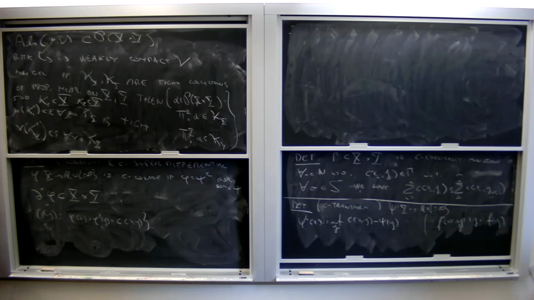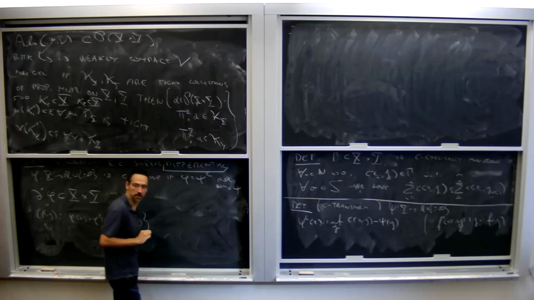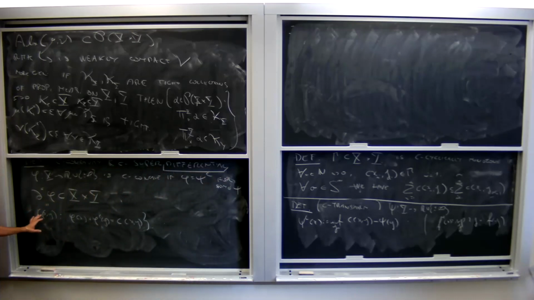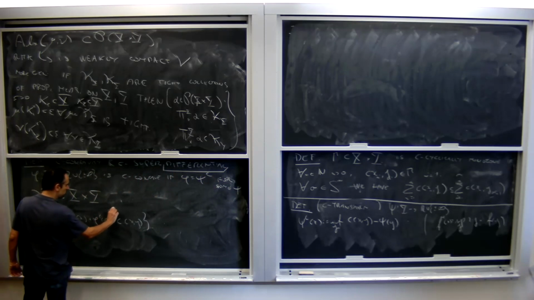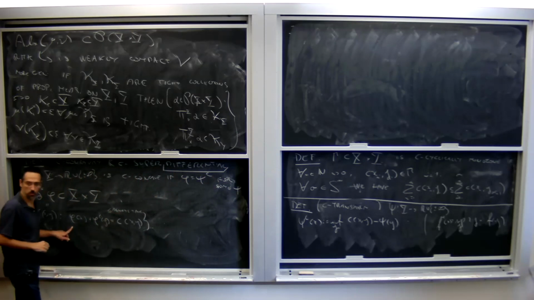Now we'll comment a little bit on this. First of all, despite the word differential in the terminology, there is no derivative in here. I'm not linearizing anything. I'm just looking at where a certain equality holds. Also, notice that for every x and y, this inequality is always true. Why?